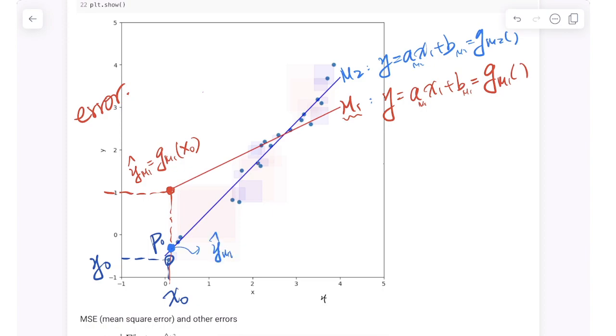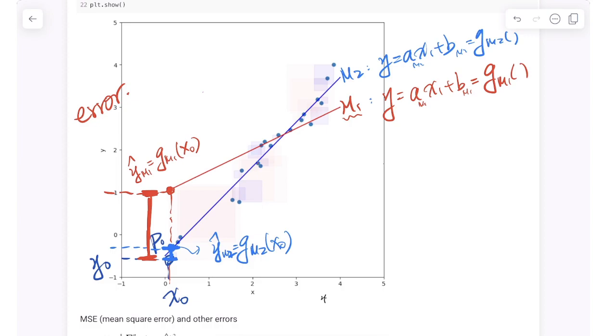That is y hat M2, g M2 of x0. If you put the same x0 into the g M1 function and the g M2 function and compare with the original y0, you can see the error, which is the distance between the actual y0 and y hat M2, is this, and the error between the actual y0 and y hat M1 is that.